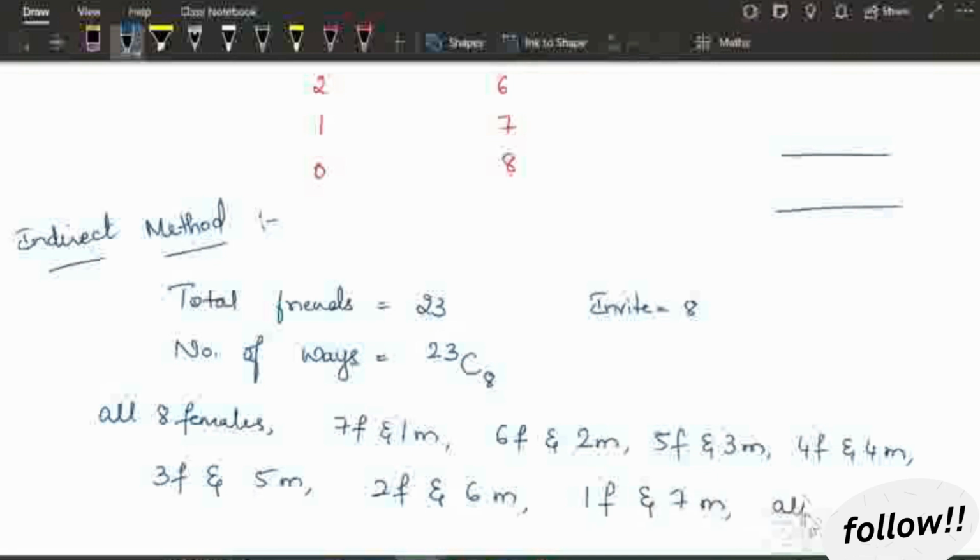He can also have all 8 males, right? All 8 male friends he can invite. These are all different possibilities included in this 23C8.